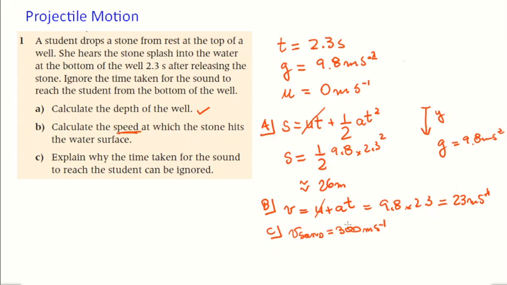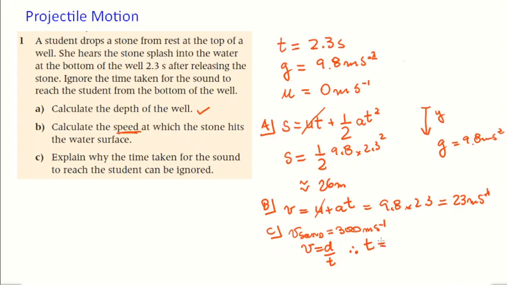And if you compare those values, you would have about 4%. If you have the sound crossing the same distance of 26 meters, what would be the time taken? If you want to be more exact, the speed is distance over time. So how much time would the sound take?